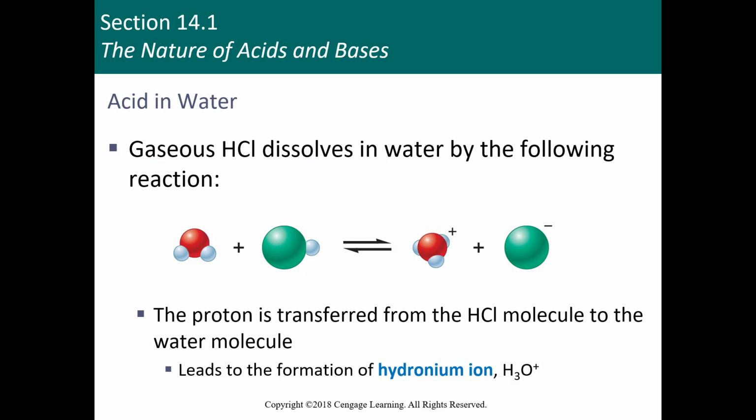Now, acids in water. When you have an acid in water, it is going to react with water. So remember, when you're talking about an aqueous solution, water is the molecule that there's more of, right? That's the one that there's greater amounts of. And so when you have an acid or a base in water, the first thing it always reacts with is water.